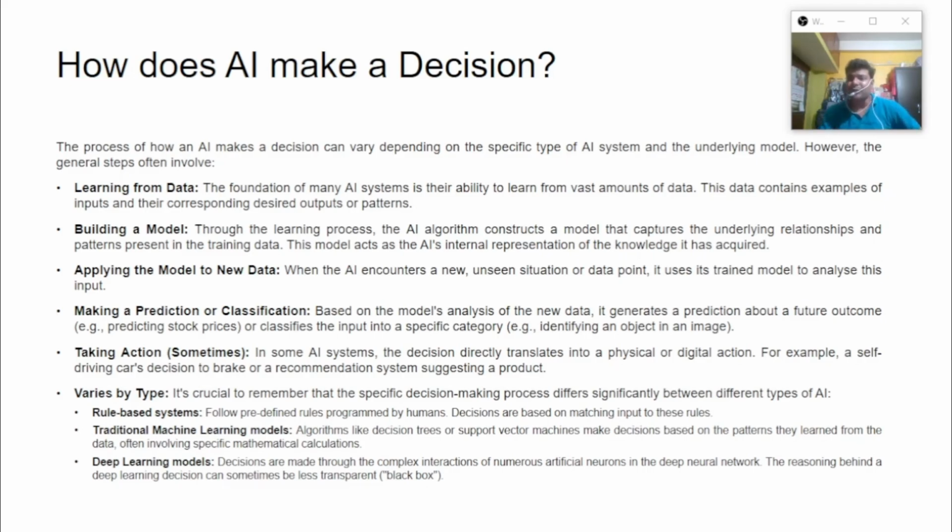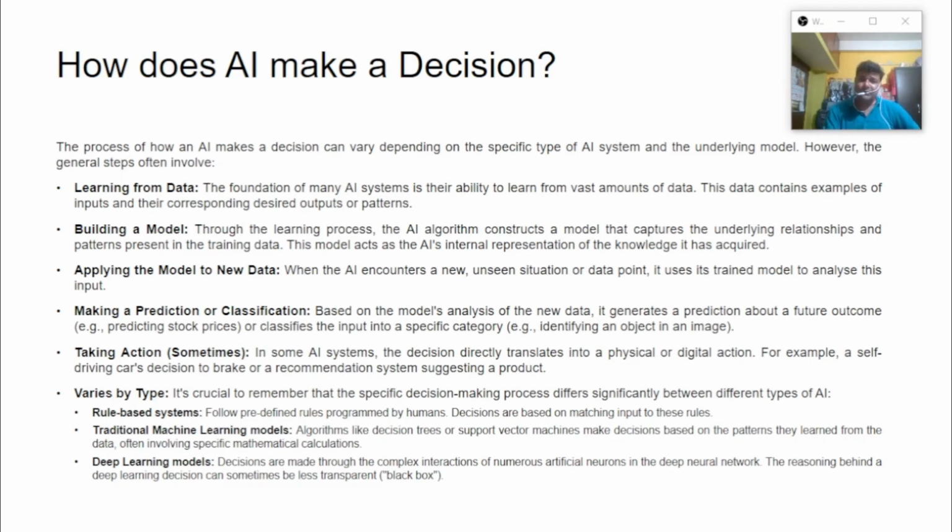And the last content is how AI makes a decision. The process of how AI makes a decision can vary depending on the specific type of AI system and the underlying models. The general steps are: first, learning from data; second, building a model; third, applying the model to new data; fourth, making a prediction or classification; and fifth, taking action.